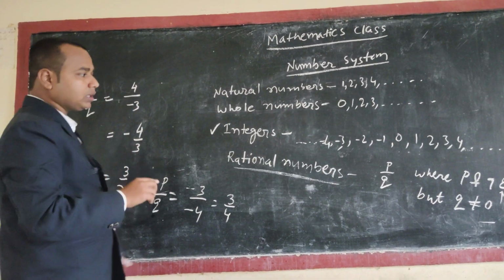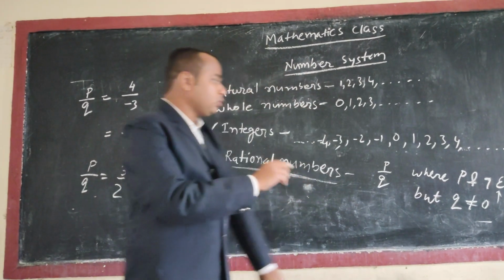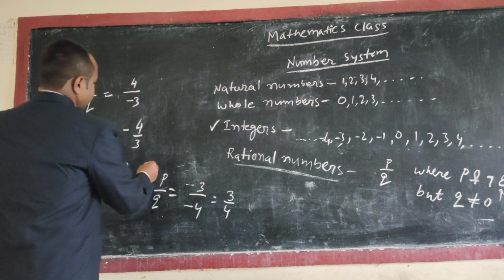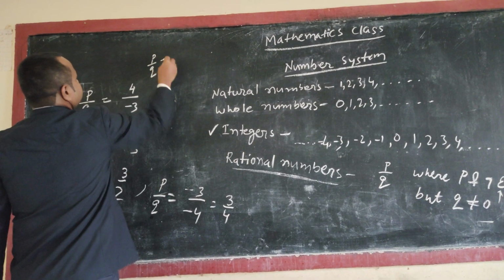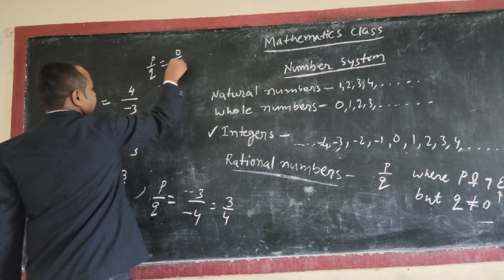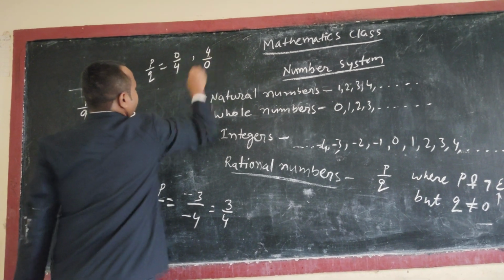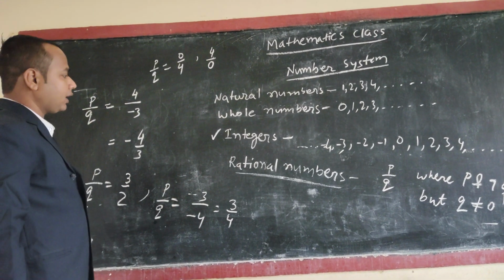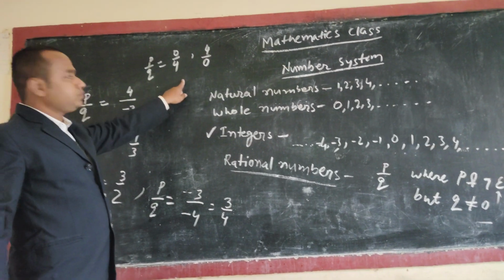But q must not equal 0. Q cannot be 0. P can be 0, but q cannot be 0. Like 0 by 4 can be taken, but 4 by 0 cannot be a rational number because q cannot be 0.